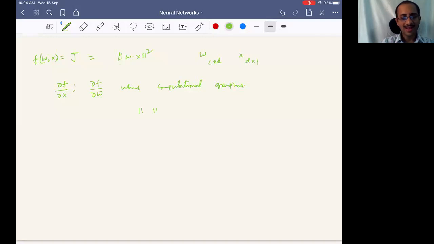Currently you can consider this as an algebraic function, where J or F is a function of W comma X. And subsequently, we will see its relation to the neural network loss computations and so on.